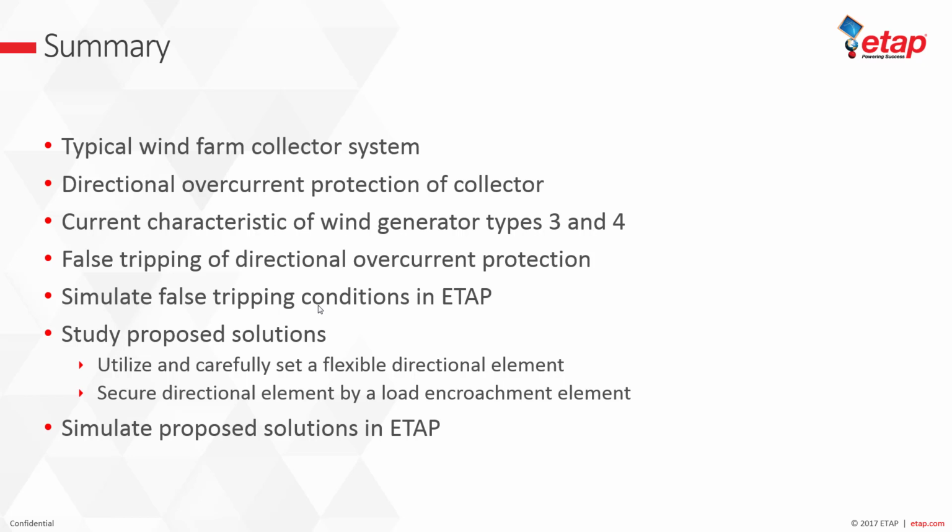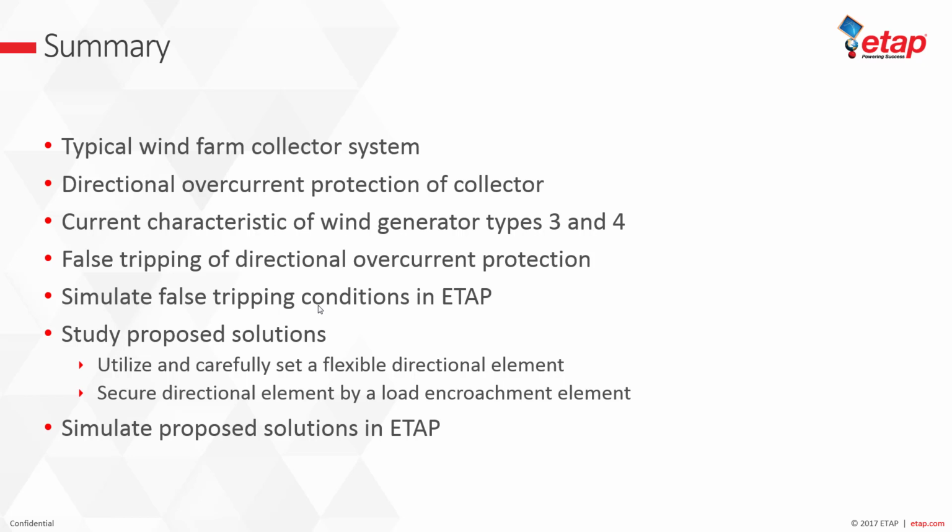The second solution, from SEL, is to incorporate load encroachment elements to block the relay operations for any impedance within the second, third, and fourth quadrant, as long as the current is less than the rated value. We simulated both proposed solutions, and we showed that they are successful in blocking the false trip for most common cases where there is active power generation.